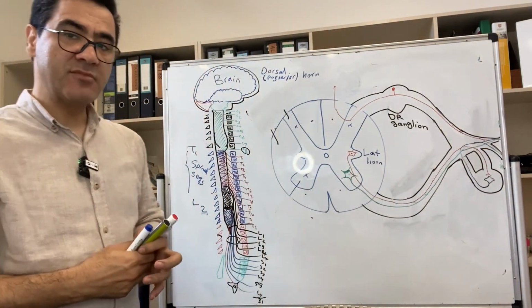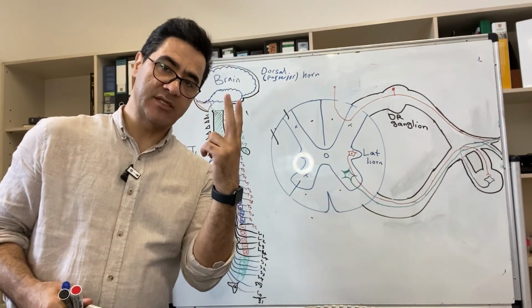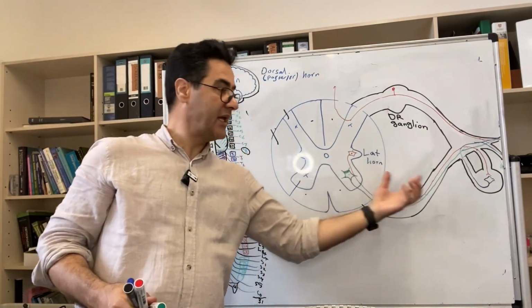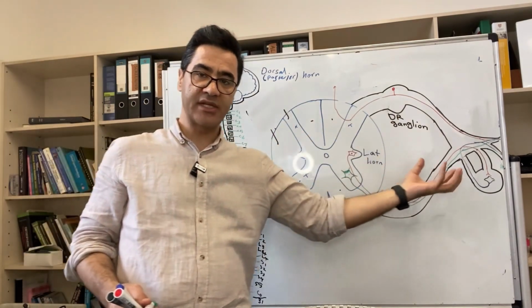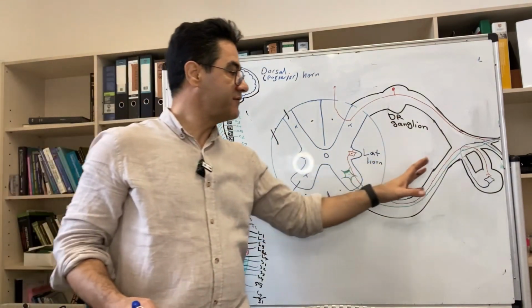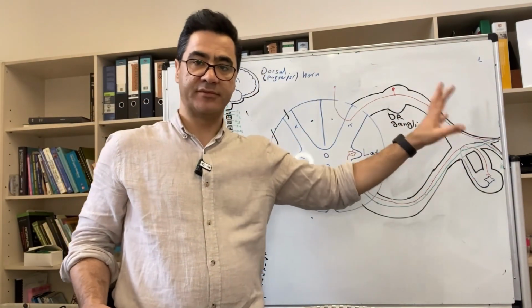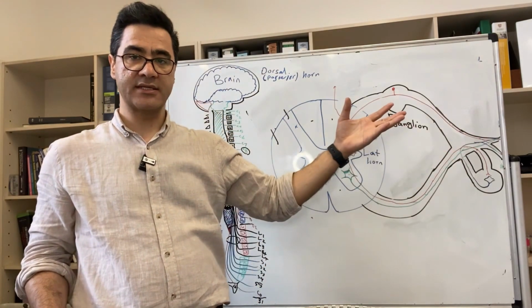So just keep in mind, we have two sympathetic neurons. One of them is before the ganglion, before means preganglionic. One of them is after the ganglion, postganglionic sympathetic.